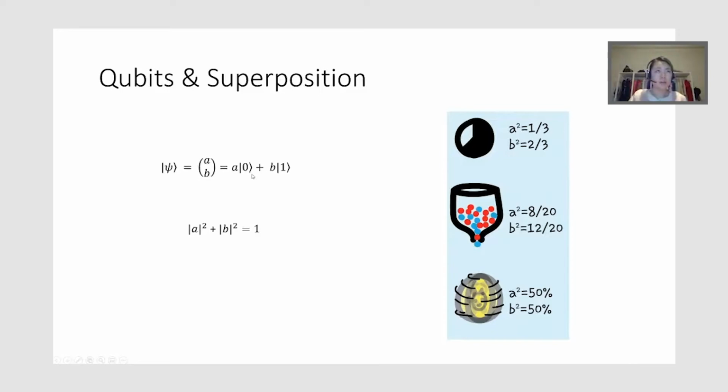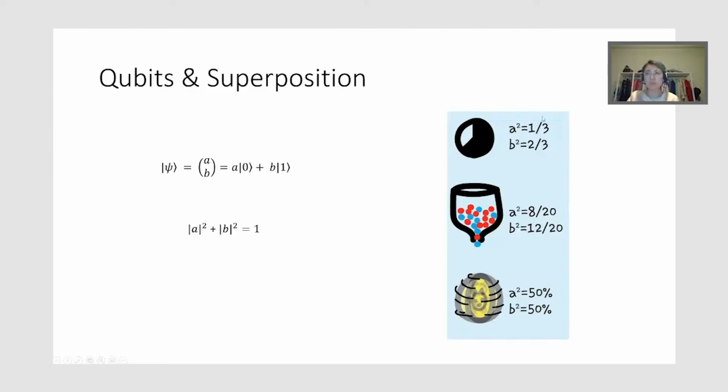Each of them has an amplitude associated with it, telling you how much of the 0 and 1 are in the system. You have this normalization condition where no matter how many states you have in your system, their amplitudes squared need to add up to 1.